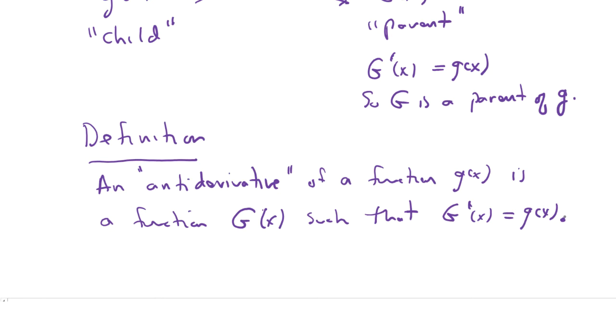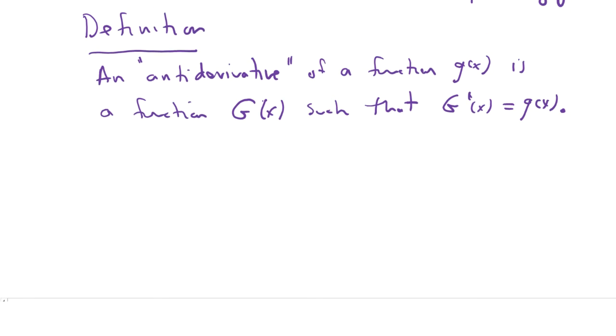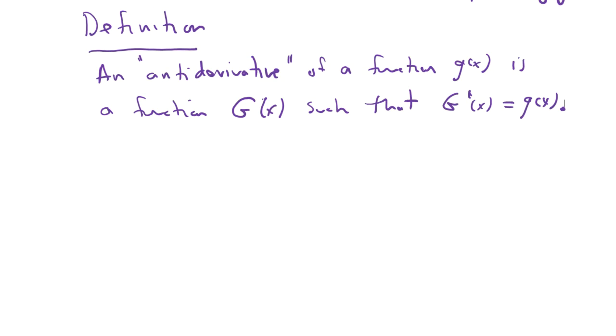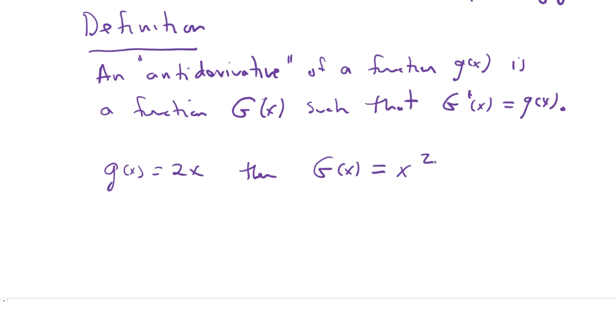So in the language of the definition above, an antiderivative of lowercase g of x equals 2x is uppercase G of x equals x squared. So if g of x is 2x, then an antiderivative of that function is x squared. Keep in mind that the phrase an antiderivative means one of the family of all antiderivatives of the lowercase function little g of x.